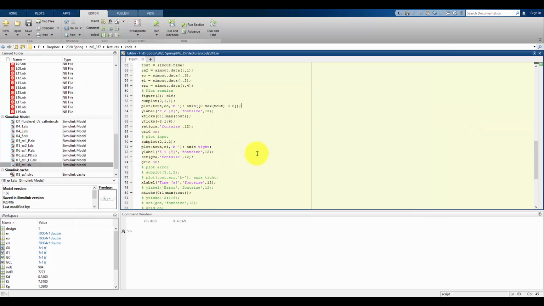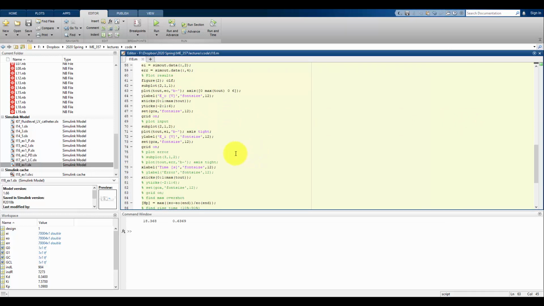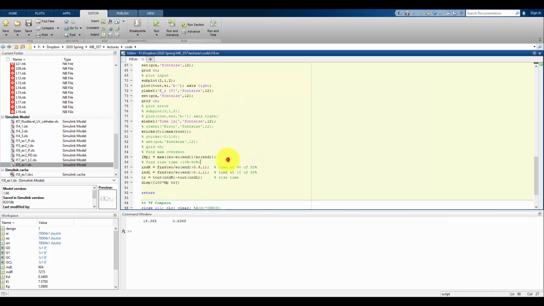And what I'm interested in for the validation, once I go to the end here, is I care about the max overshoot. So I'm going to calculate that. And I care about the rise time. So remember, the way that we're defining rise time, it's the time it takes between being at 10% of the steady state value and being at 90% of the steady state value.